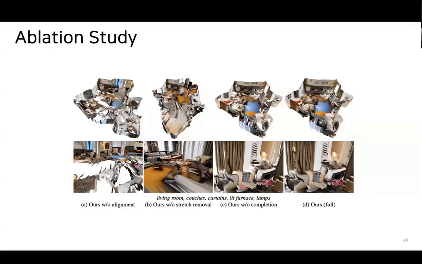And without the completion stage, the mesh has many holes. So with all these modules, Text2Room can create complete high-resolution scenes. And they can also generate the floor and ceiling, but for visualization, they remove these.